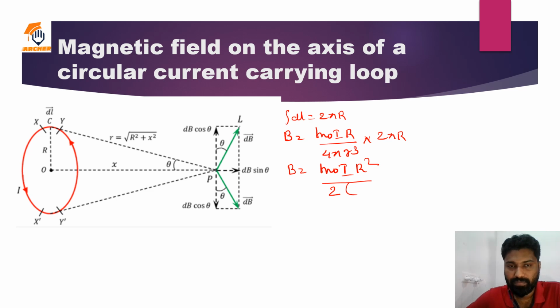Small r is the root of R square plus x square. So we will get R square plus x square the whole raised to 3 by 2. So this is the equation for the magnetic field here.